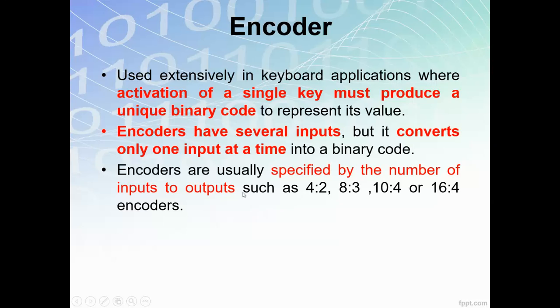So these are the types of encoders that exist. The left side represents your inputs and the right side represents your outputs. Kamu kena familiar lah, 4 to 2, 8 to 3, 10 to 4 or 16 to 4 encoders.